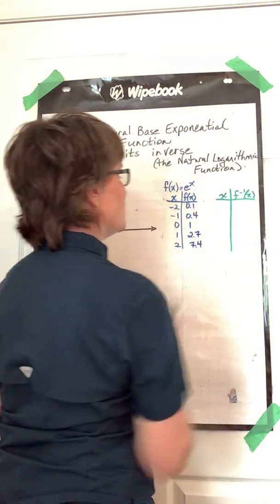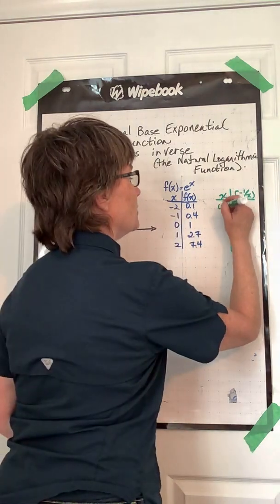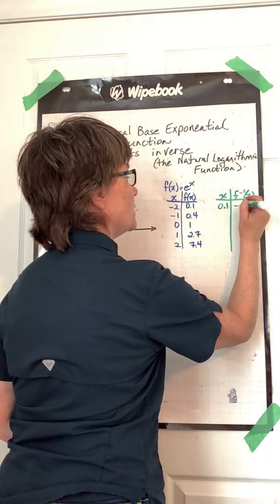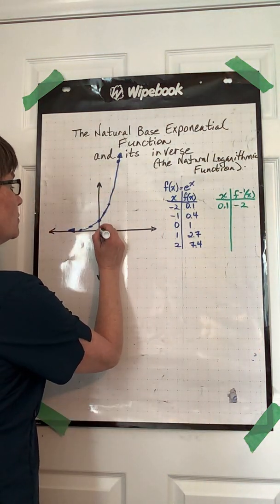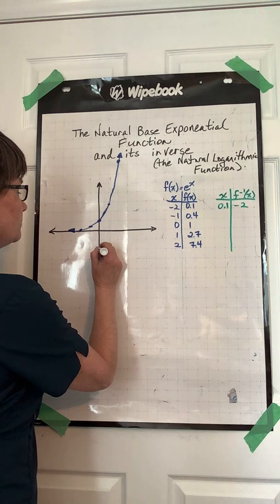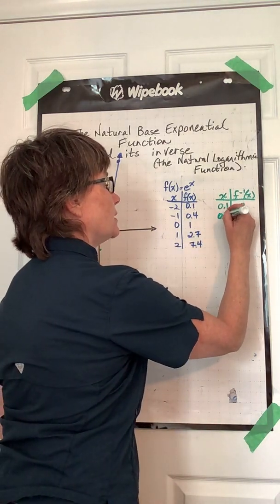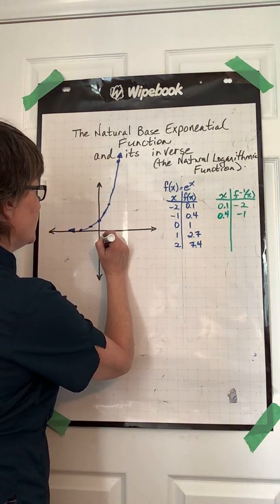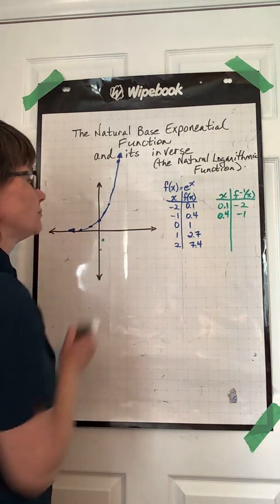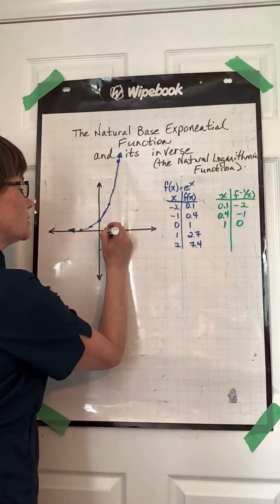Okay, so this means that the point -2, 0.1 is going to turn into 0.1, -2. So we can put that point on our graph, 0.1, -2. 0.4, -1. Okay, so 0.4, -1. 1, 0. So there's an x-intercept here, 1, 0.